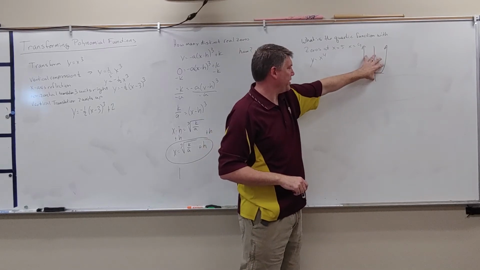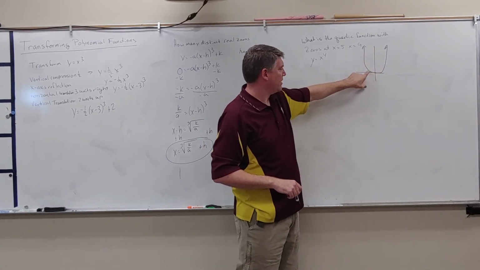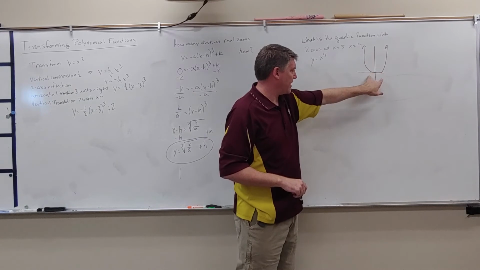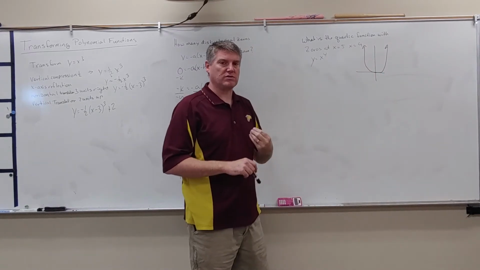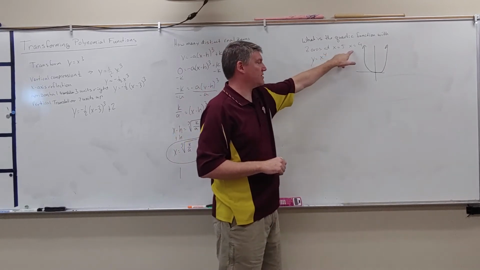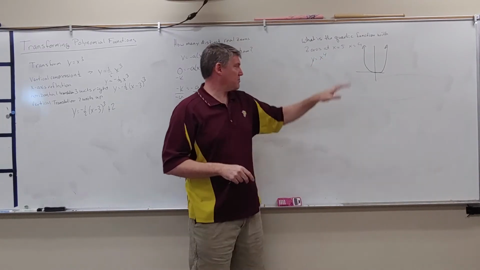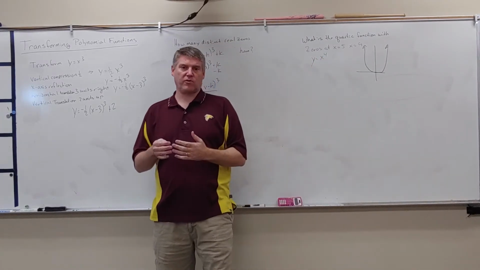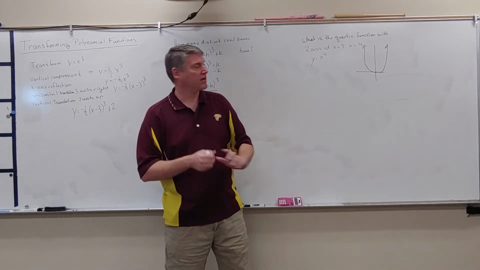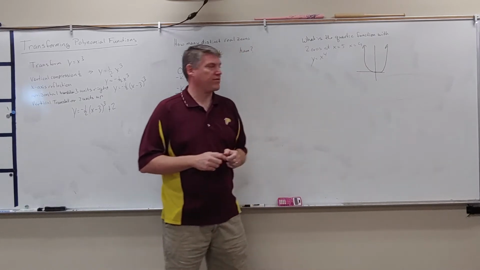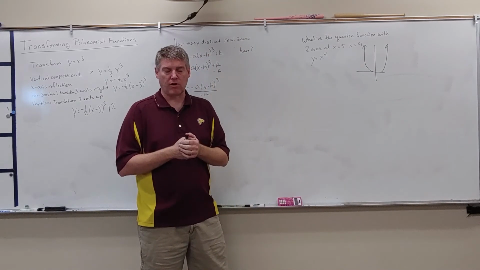But we're going to look at moving this. We're going to have to move it down some, but we need those zeros to be at 5 and 9. Well, the nice thing about x to the 4th is that it's symmetric. You have to understand that it's symmetric through that vertex, through that 0.